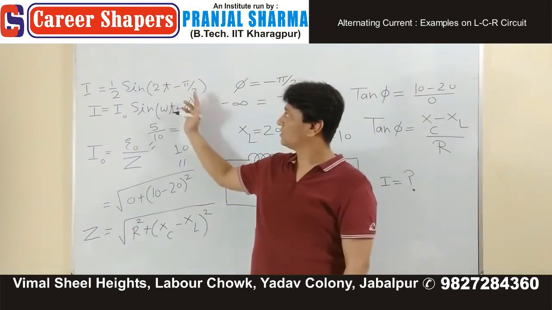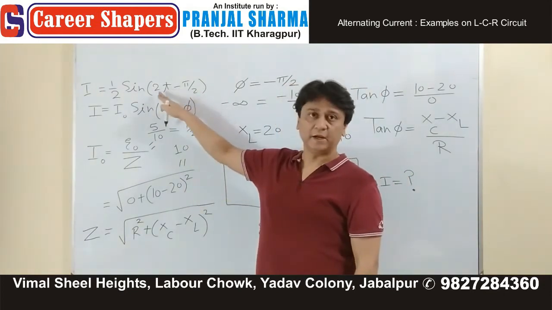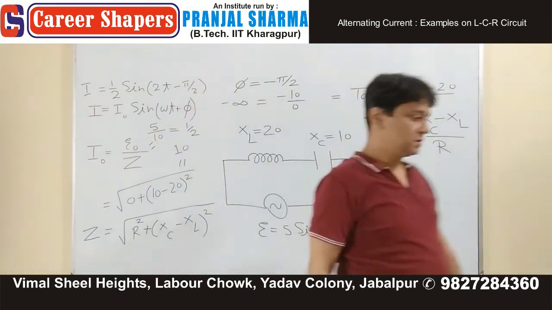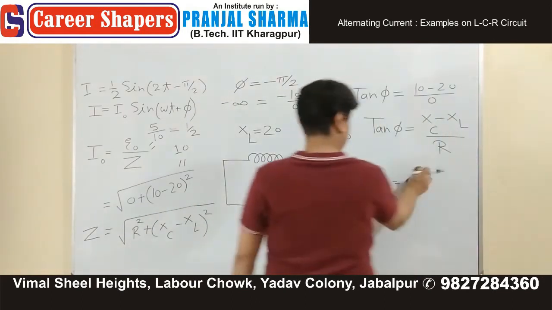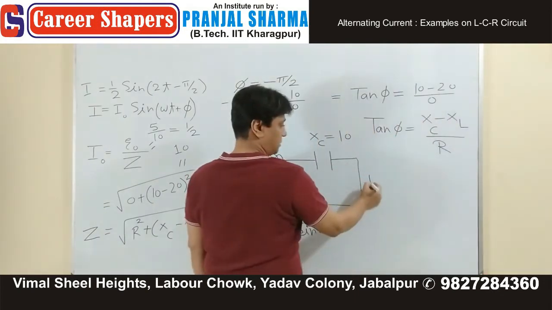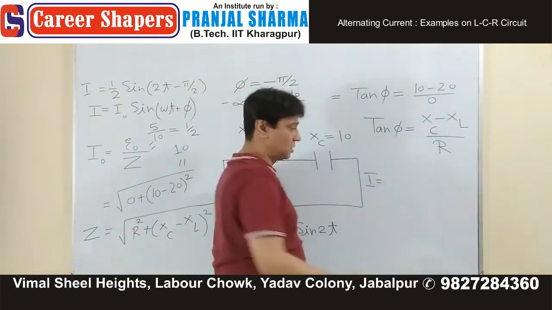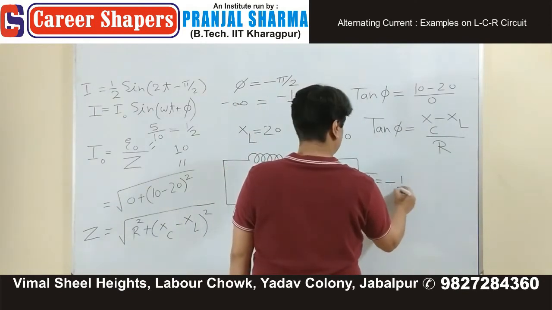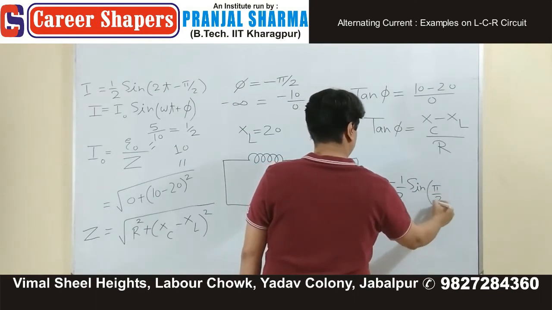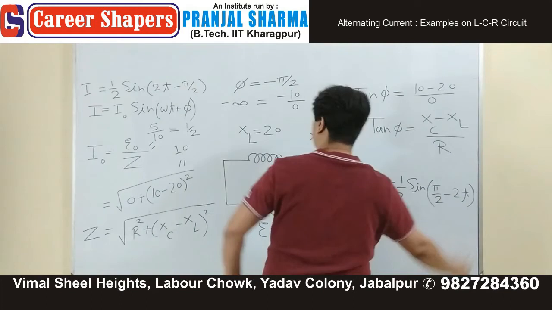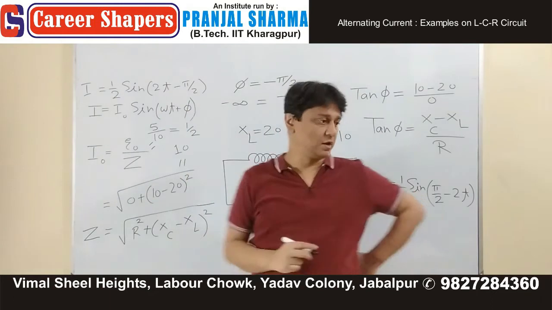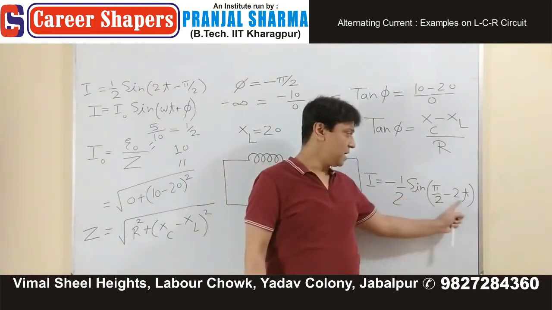If this is your I, this is what? Theta minus 90 type of thing. And for that, you will take the negative sign out. Then it becomes sine of pi by 2 minus 2t. This becomes pi by 2 minus 2t. What is this? Sine of 90 minus theta.